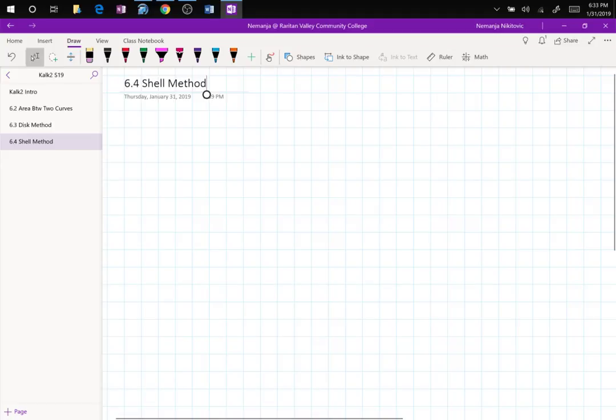So when you have a rotational object, the one object that you created by rotating a function around, our disk method was cutting perpendicular to the axis of rotation, creating disks. And when you put those disks next to each other, some are larger disks, some are shorter disks, less radius, when you stack them together, you come up with a shape.